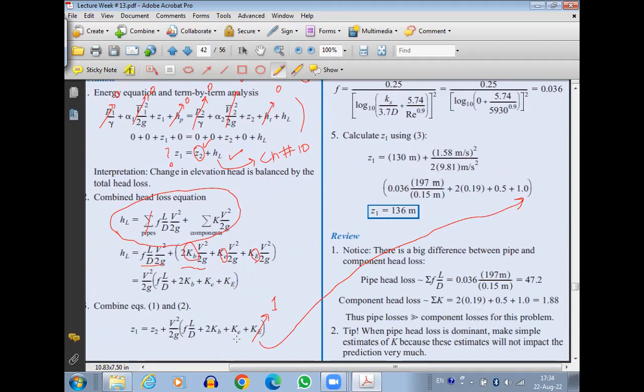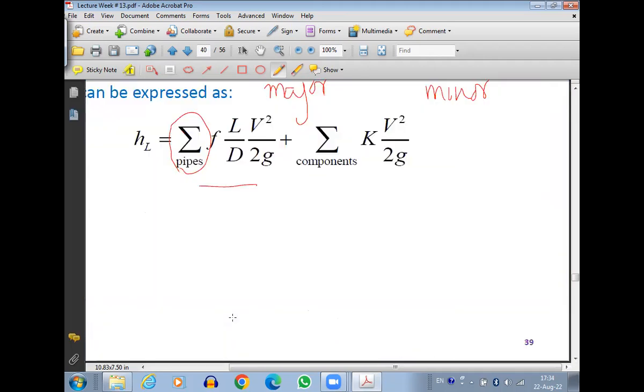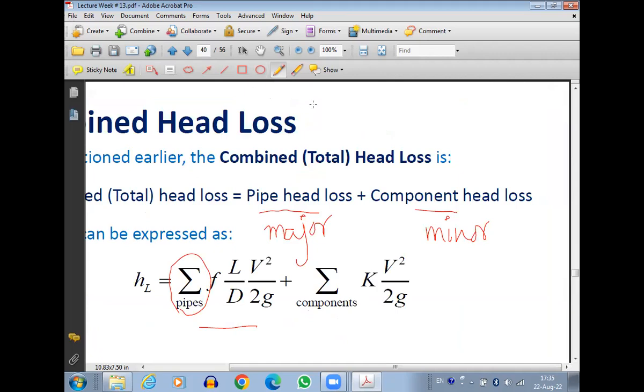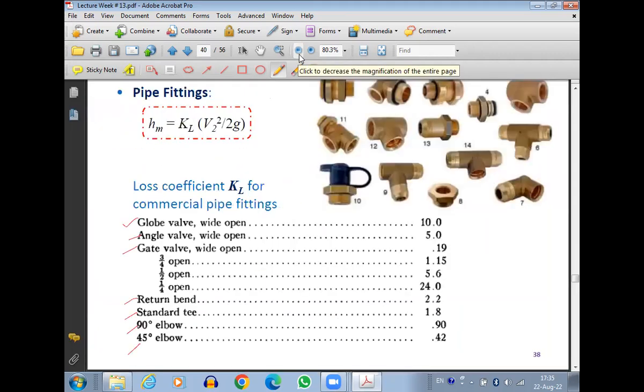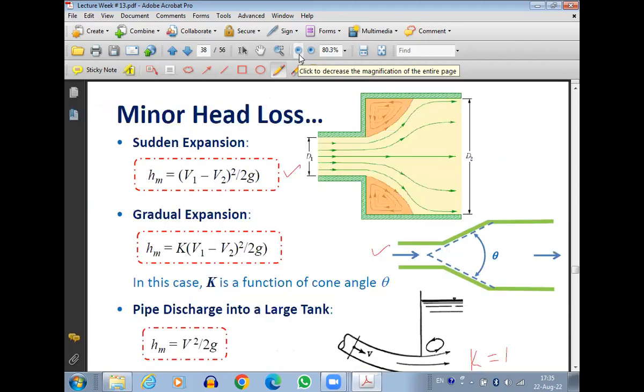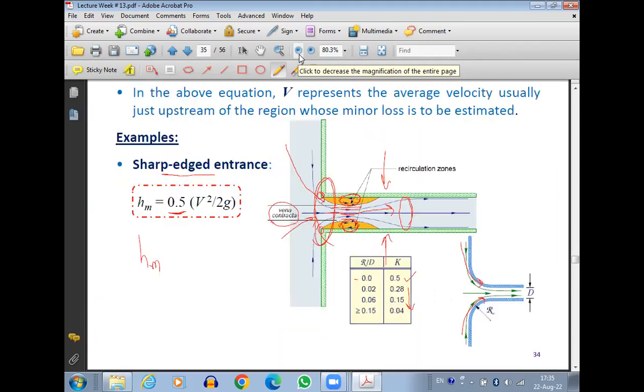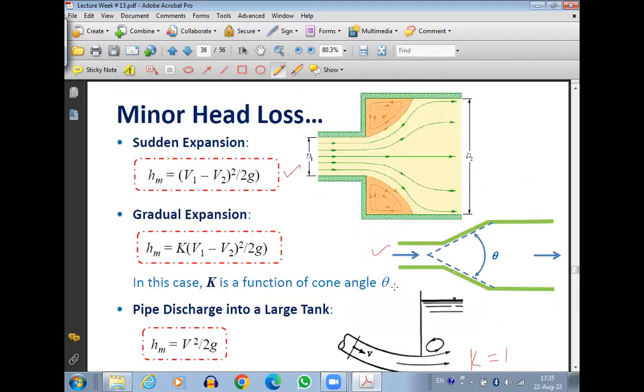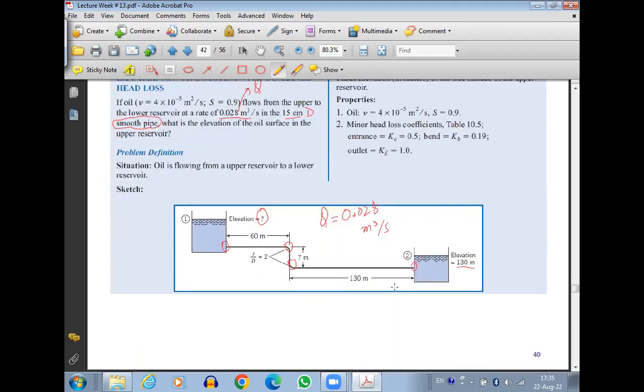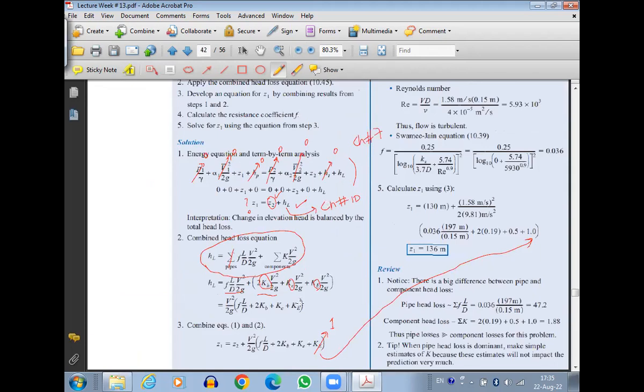Now for the case of entrance, it is considered a sharp edge entrance because the radius is not mentioned at the point of entrance. So it is 0.5. Yes, for the case of entrance, we will now consider it as 0.5.